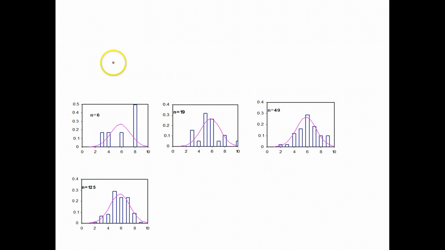So we say as n goes to infinity, then our x bar approaches mu, and our s approaches sigma. It sort of looks like an S, it's not a 5.